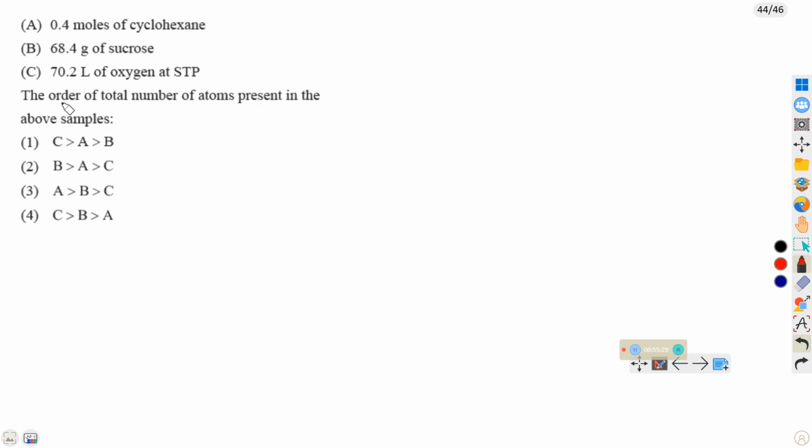The order of total number of atoms present in the above samples. 0.4 moles of cyclohexane, formula C6H12. 1 mole of cyclohexane contains 18 into Avogadro number of atoms.